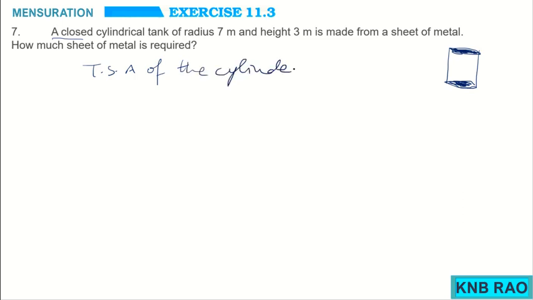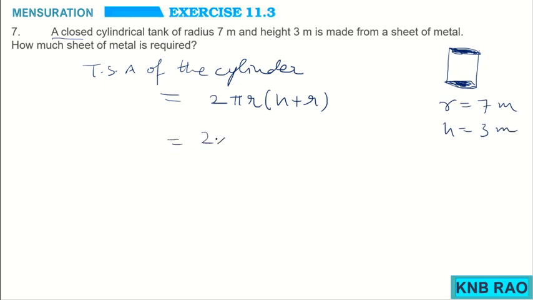So, what is the TSA of a cylinder? 2 pi r times of H plus R. Here we are given radius as 7 meter, height as 3 meter. Thus, just by substitution, we get the area of the metal that is required.